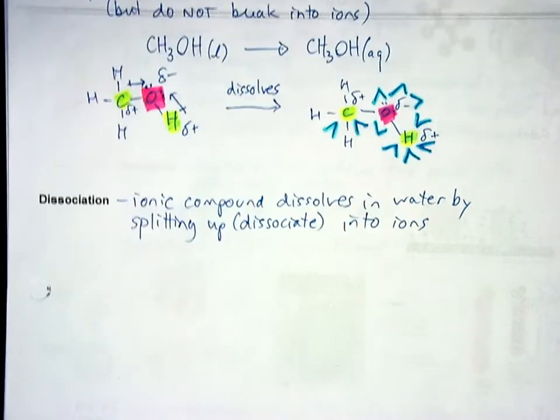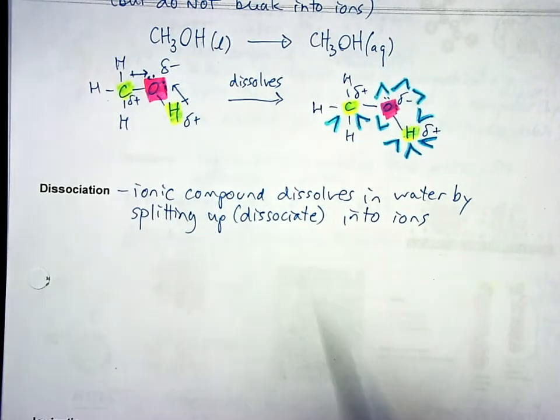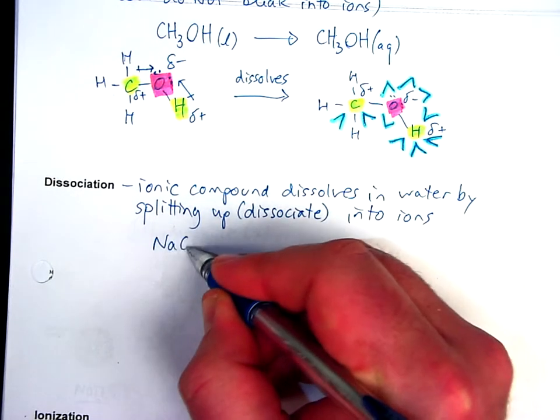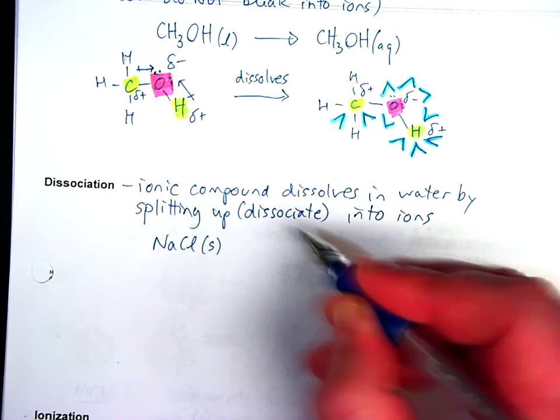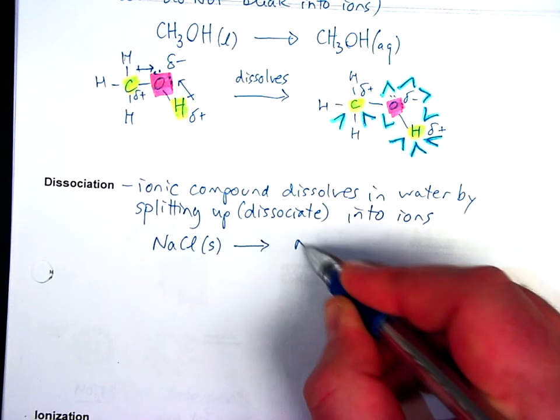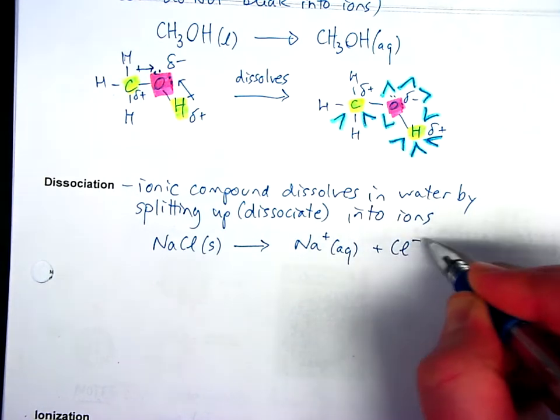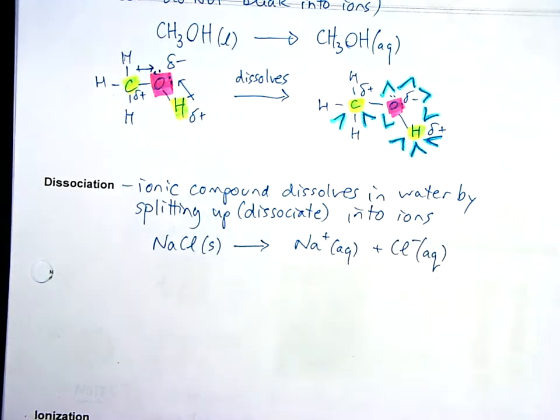Okay. So if we were to draw that process in a chemical formula kind of way, the sodium chloride compound is going to split into its individual ions. This is dissociation.